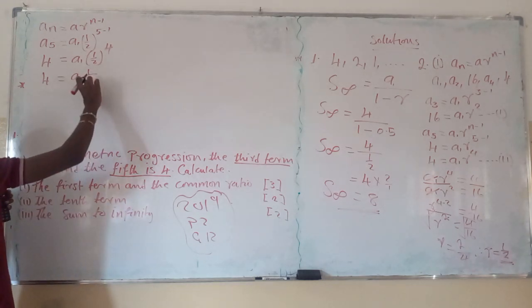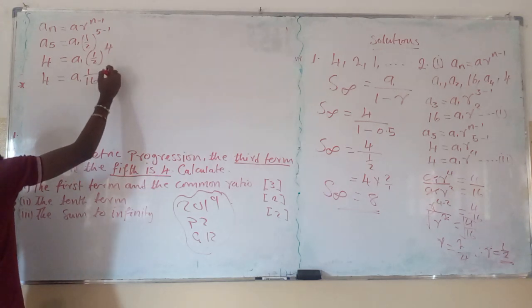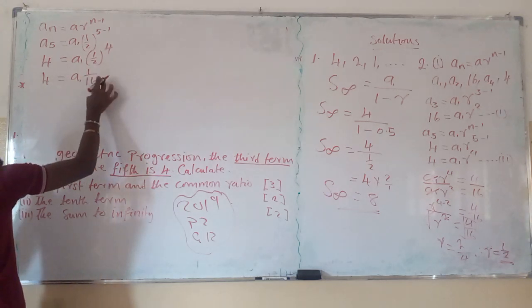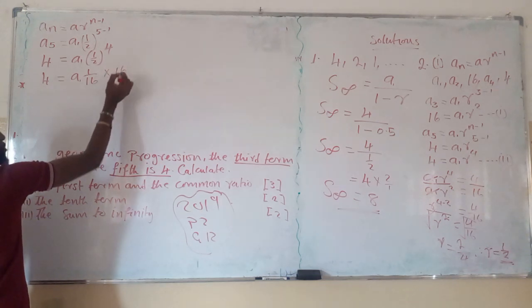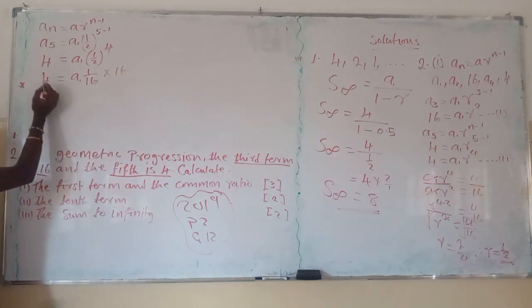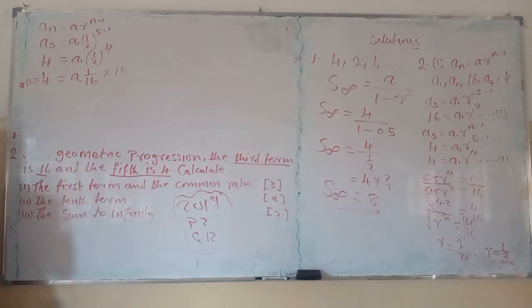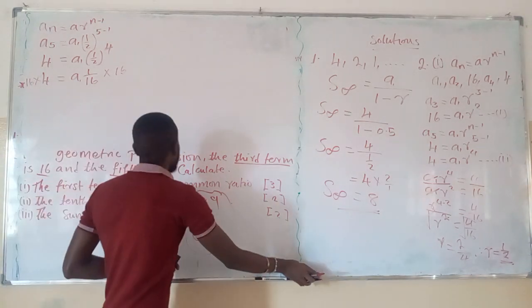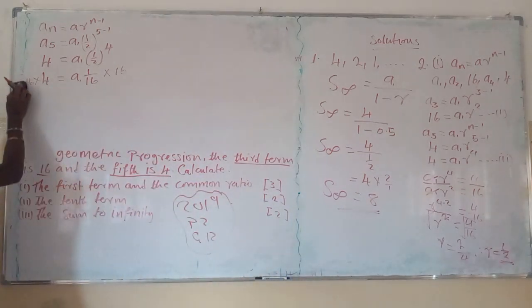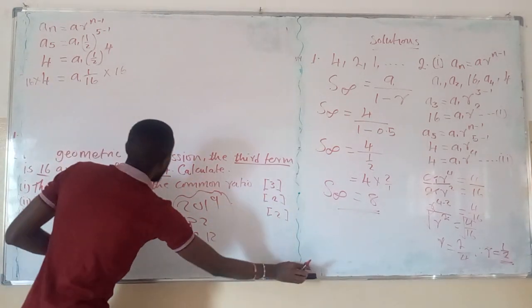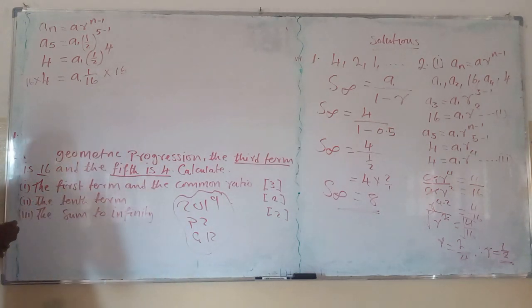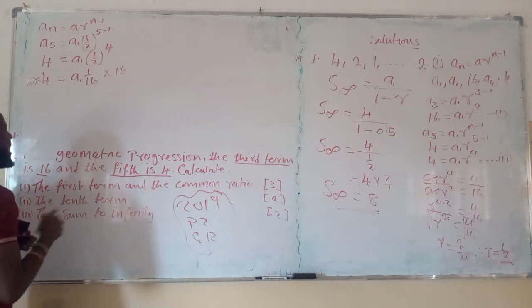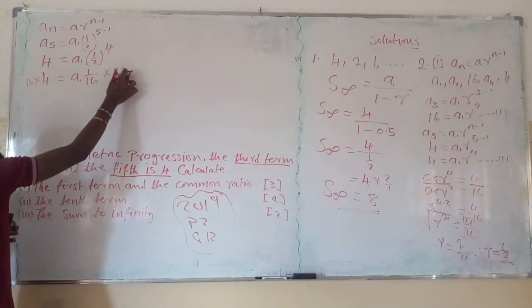The reciprocal of this one is 16. So we multiply both sides by 16. When you multiply by 16 on both sides, you are getting rid of this part which is here. What will be our answer here? 1 times 16 is 16.